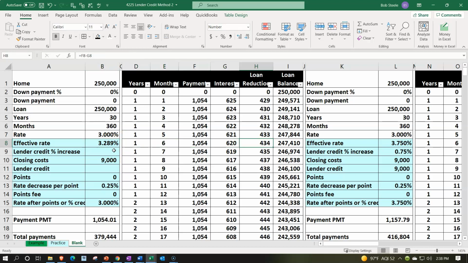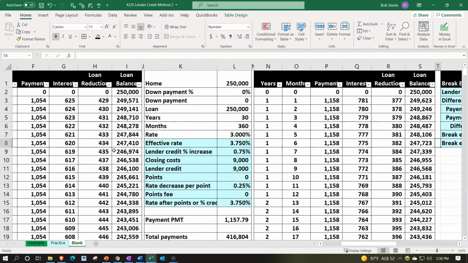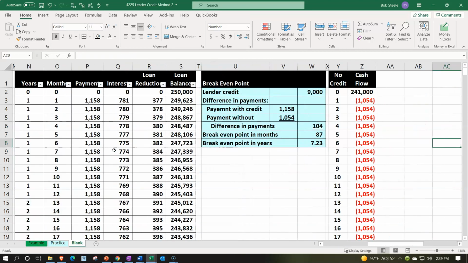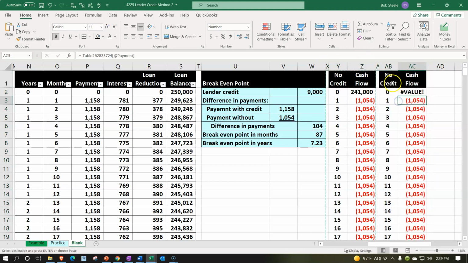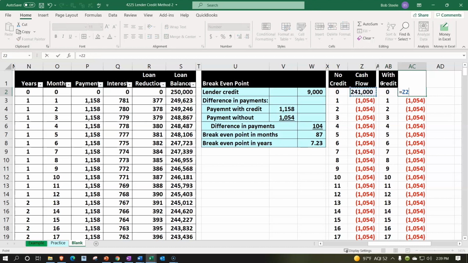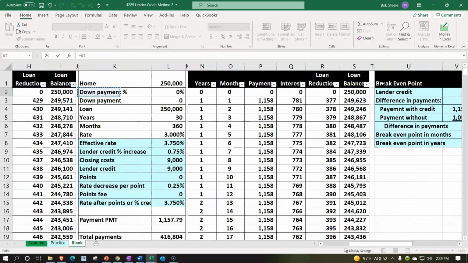Let's do the same thing with a credit here. So with the credit involved, I'm going to copy from X to Z, paste that up top, and say this one is with credit. The value starting point this time is 250.